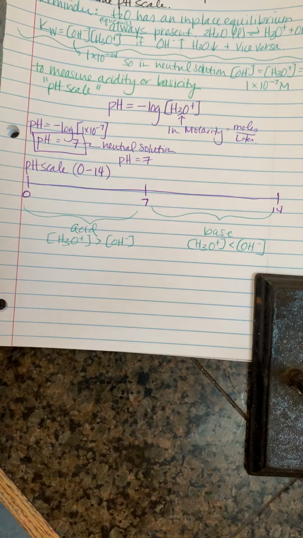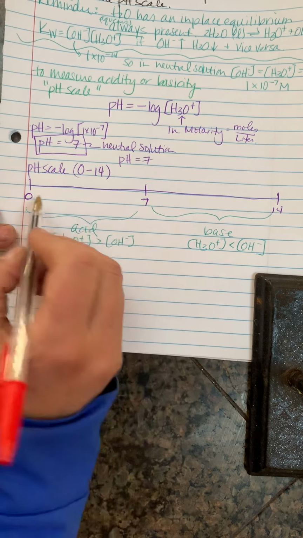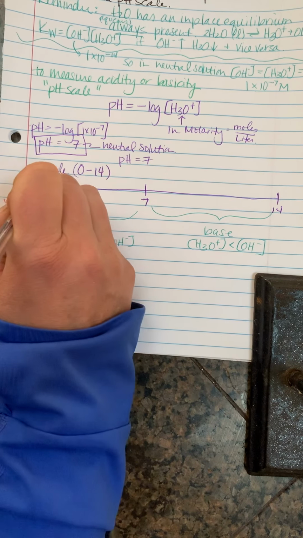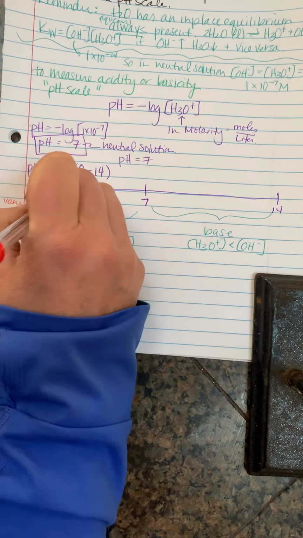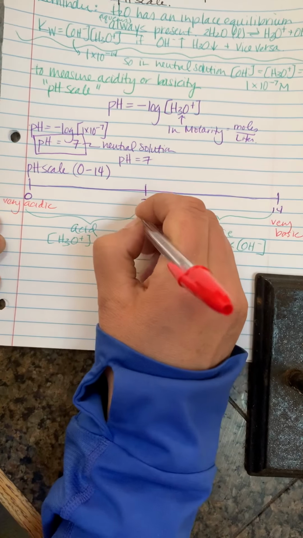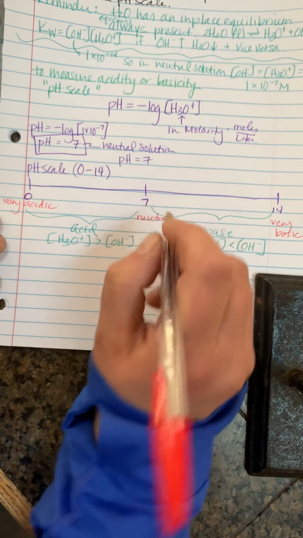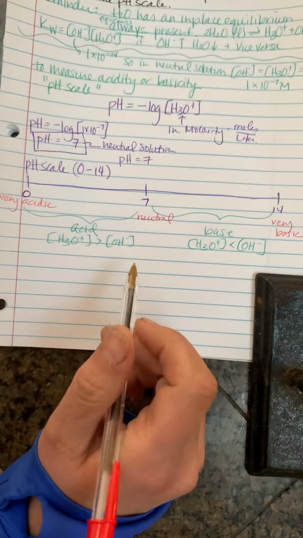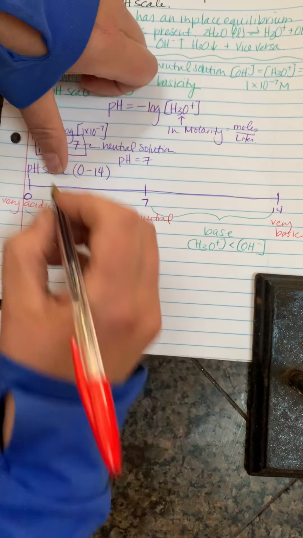Just to give you some relative ideas about pH, this end is very acidic and this end is very basic, and 7 is neutral, which is approximately what we can ingest.